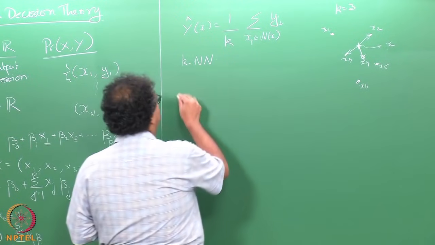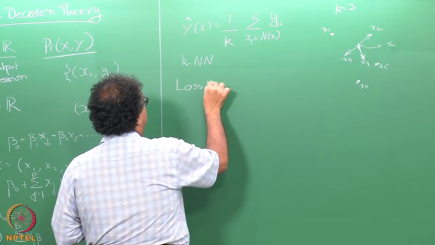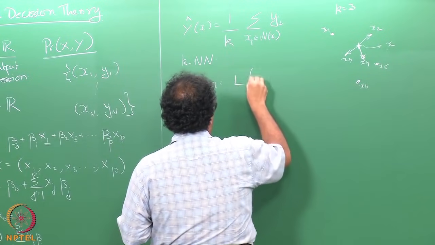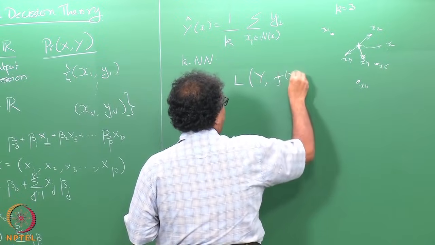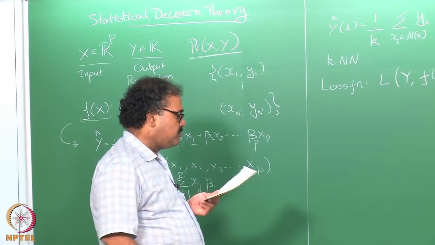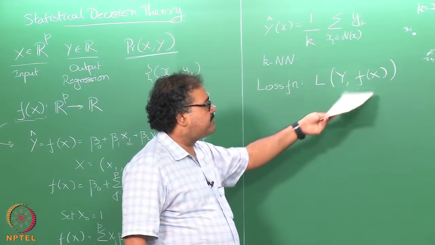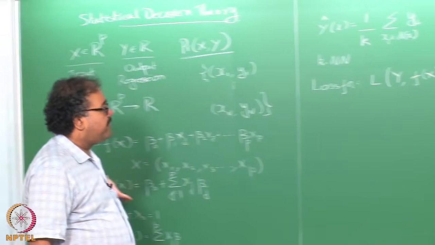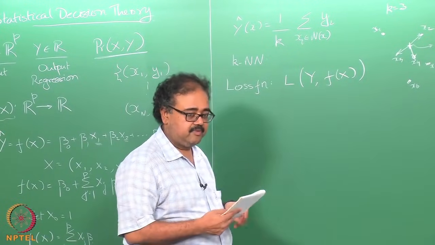We have to look at some performance measure, which we will consider in this case as a loss function, which will compare the true output y with the predicted output f of x. So, I will have some loss function that compares f of x with y, and my goal is to find an f of x such that this loss function is minimized.